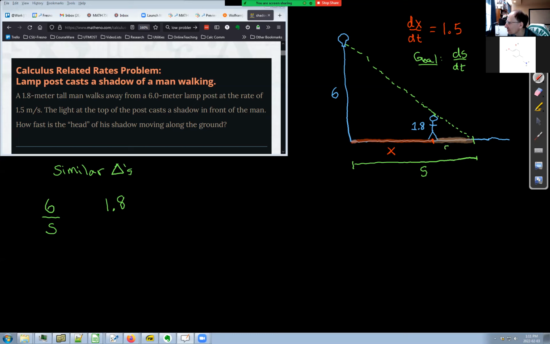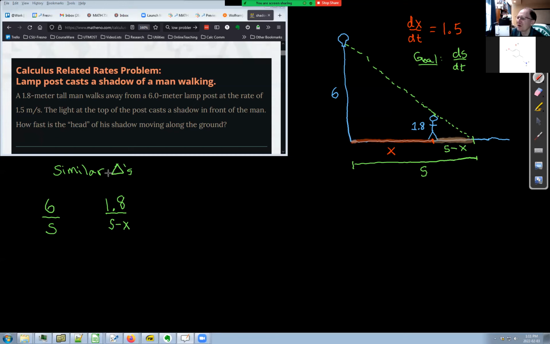So this distance right here is S minus X. Doing geometry is usually pretty important in these problems: staring at the picture, scratching your head, and eventually something falls out. It's like solving a puzzle.